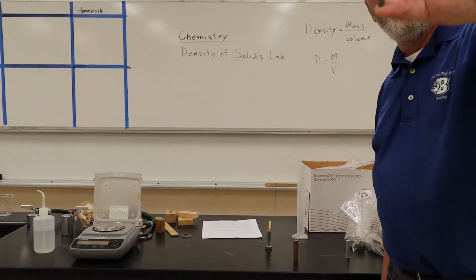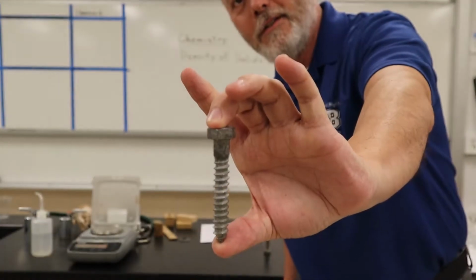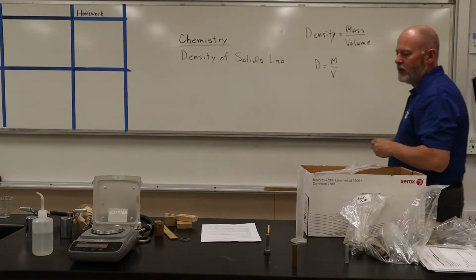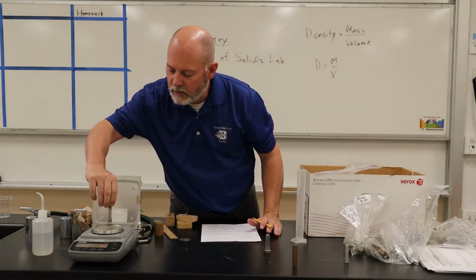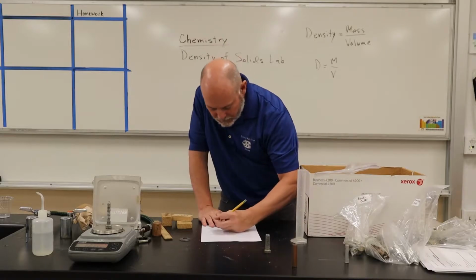Okay, this is an iron bolt that they use standard in construction stuff. So I'm going to weigh that guy. Let me zero out the scale. Put it on there. All right, 68.79.